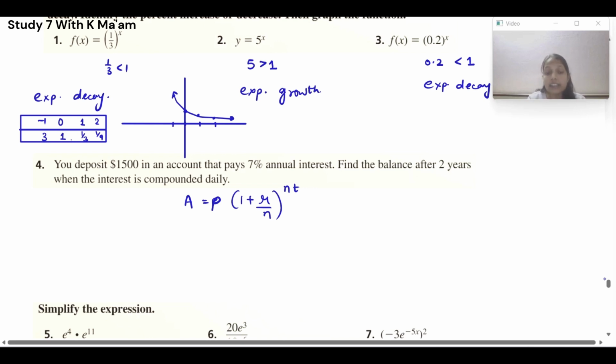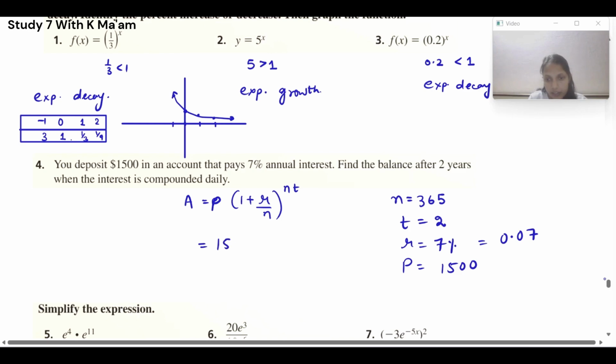In our case, it's compounded daily. So n is 365. After 2 years, so t is 2. The percentage rate of interest is 7%, so r is 0.07. And the initial amount deposited is 1500.